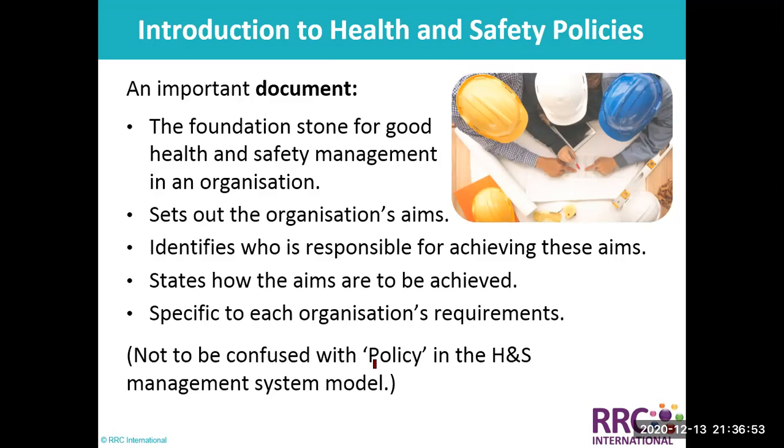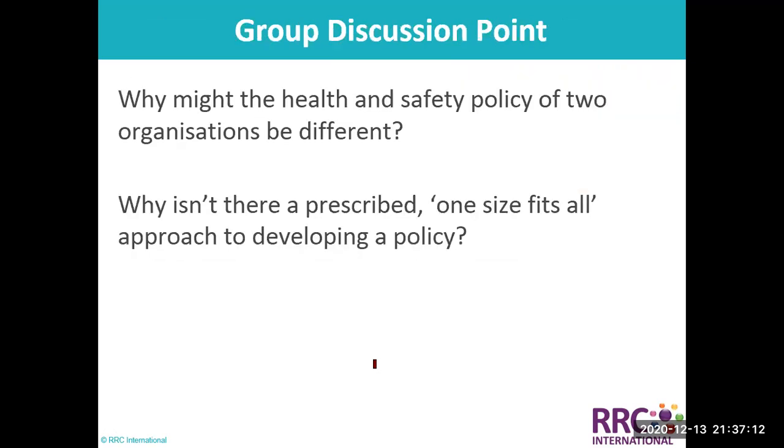Now, specific to each organization's requirements, each organization will have different activities, so the policy will also capture all that. This is not to be confused with the policy in the occupational health and safety management system model. We're treating policy in isolation here.